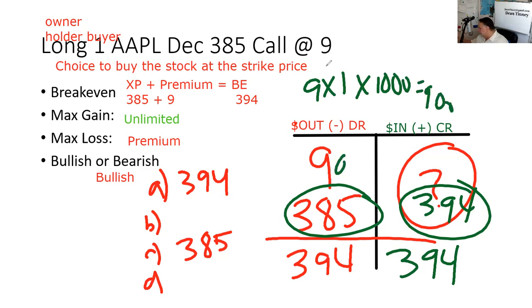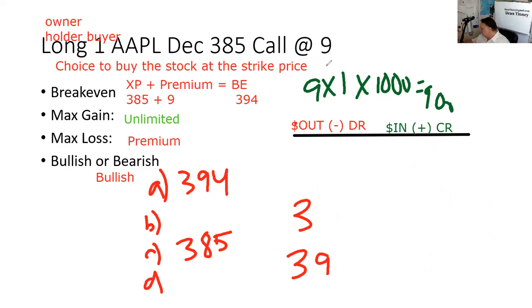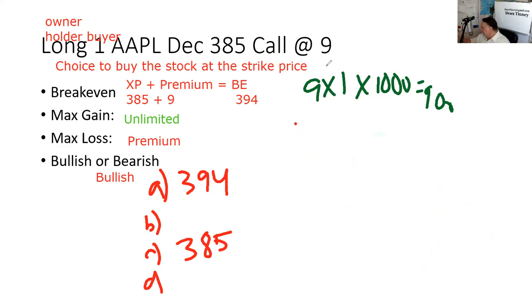P.S. I would suggest this is a mess. I would not put all that in there. I would suggest you do things on a per share basis. But this is 9 points to be able to buy Apple at $3.85. So that's pretty cool. Maximum gain is unlimited, because once Apple goes above that, you start to make some money.